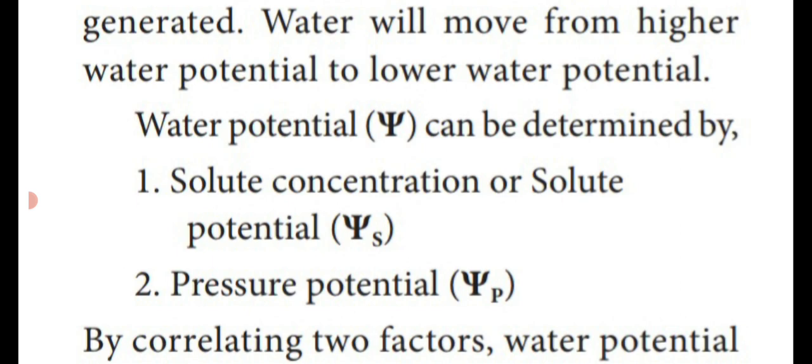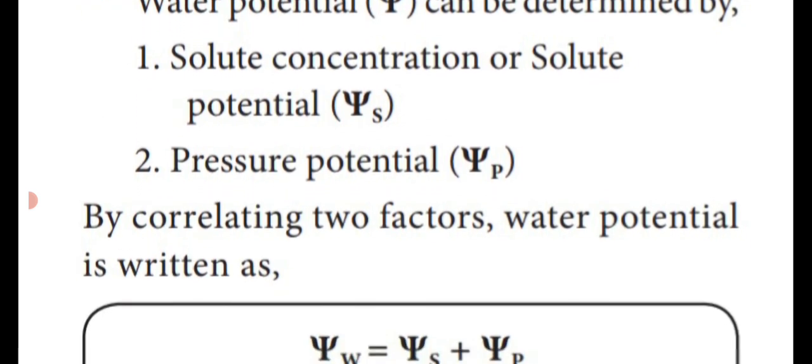So that's why it is denoted as psi S. Solute, the first letter is S. The water potential symbol is psi, so you write S at the base. That is solute concentration or solute potential.